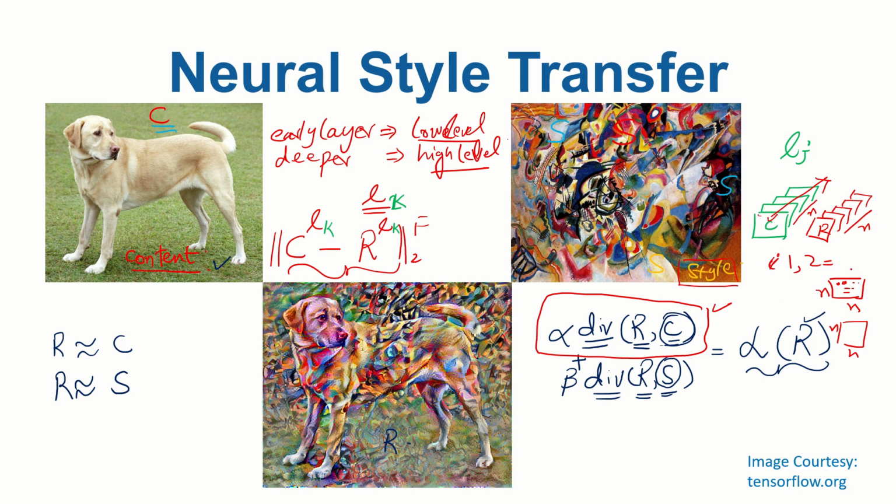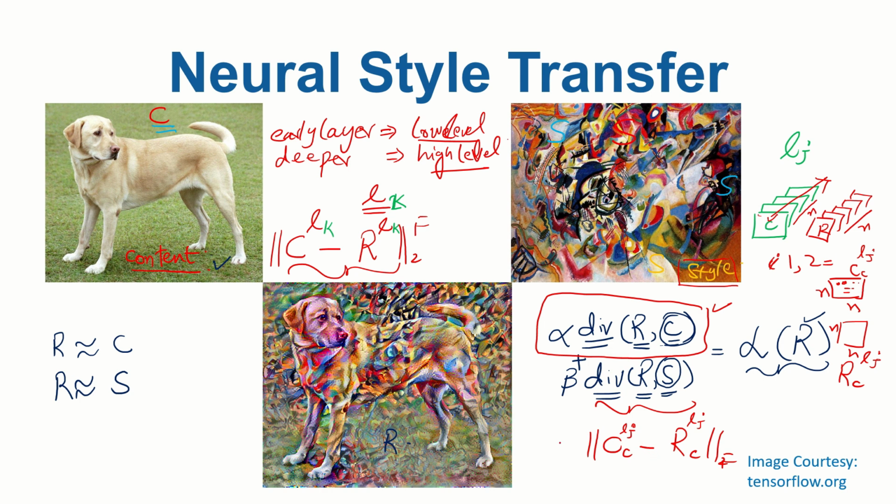Let me call this G^C_LJ, the cross correlation matrix for C, and that matrix G^R_LJ for R. And then this style cost basically is simply the two matrices, the cross correlation matrix for layer LJ for both content and resultant images, and take their Frobenius norm or L2 norm after flattening out the two matrices together.